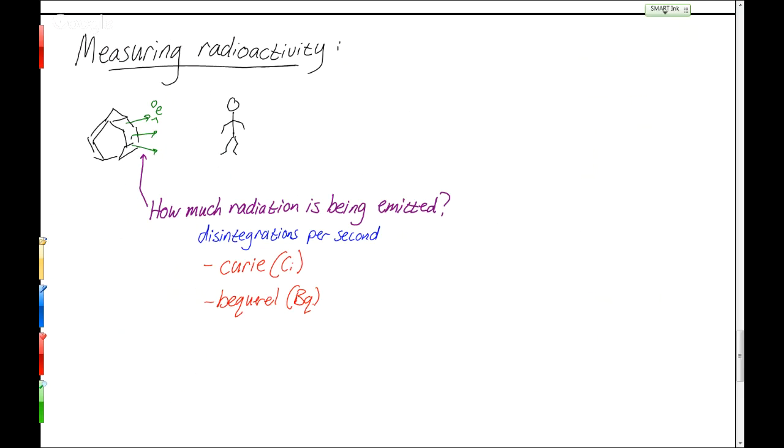So they both measure that. The Becquerel is 1 disintegration per second. The Curie is much larger because it's how much, I think, a certain amount of radium decays in a certain amount of time. So that's the only difference in those two units, is one's smaller than the other. You don't need to know the specific numbers, but we can convert back and forth between them using our normal unit conversion skills if we need to.